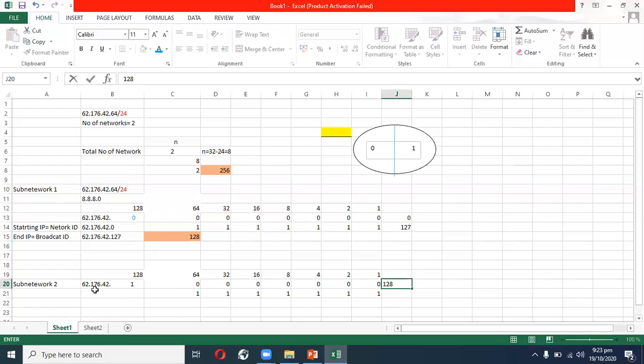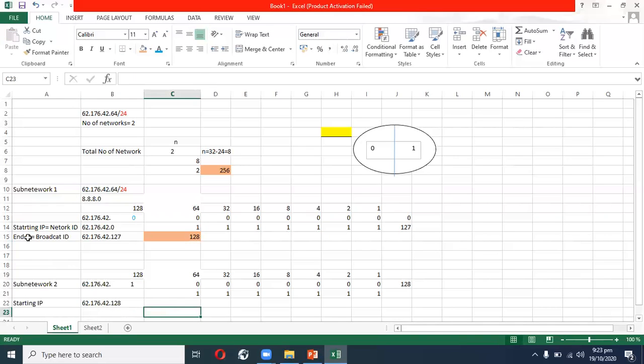So this means our starting IP for subnetwork 2 will be 62.176.42.128. This is the starting bit.